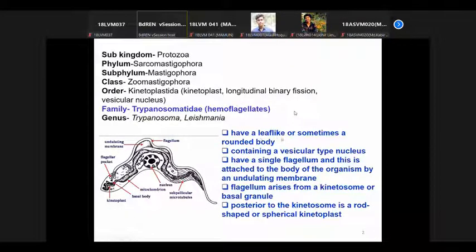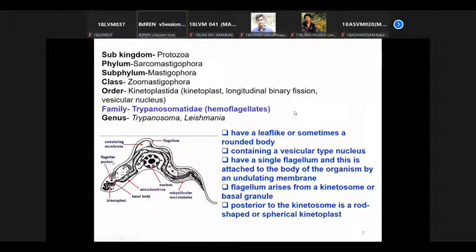They have a leaf-like or blade-like, sometimes a rounded body. You can see the photographs on the left side. They contain a vesicular type of nucleus, and have a single flagellum. This is attached to the body of the organism by an undulating membrane.